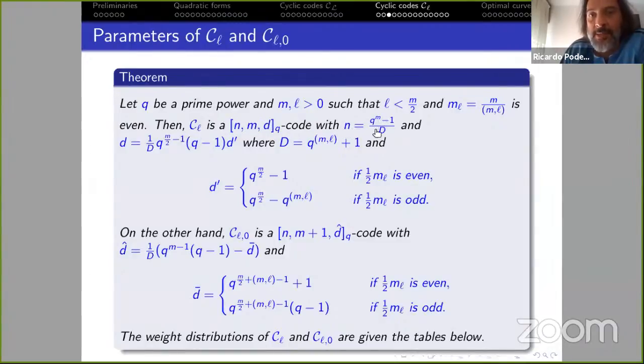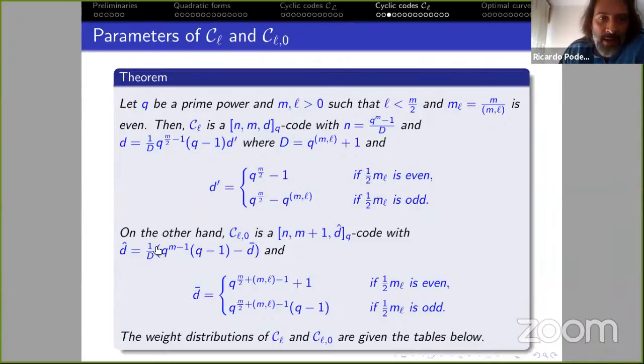where N is this quantity here, K is this number, and small d is this thing here. The distance is difficult to write. The distance d is given by this expression where d prime has a different expression depending on whether this number is even or odd.